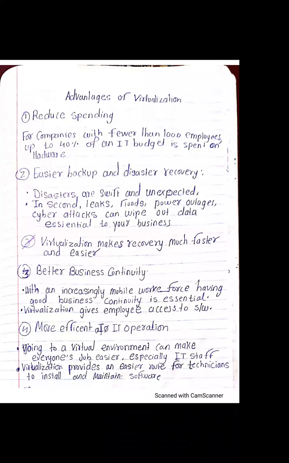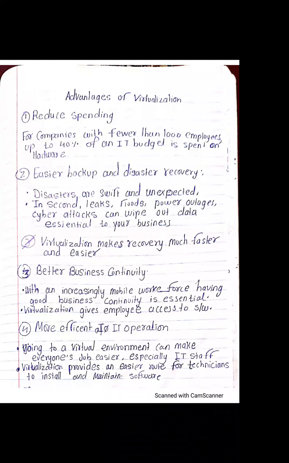Then, better business continuity. With an increasing mobile workforce, having good business continuity is essential. Virtualization gives employees access to software from any place. If employees want to use the software from home or any location in the world, they can use that application.